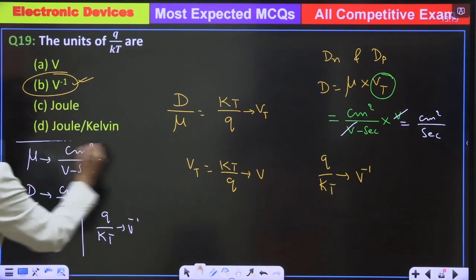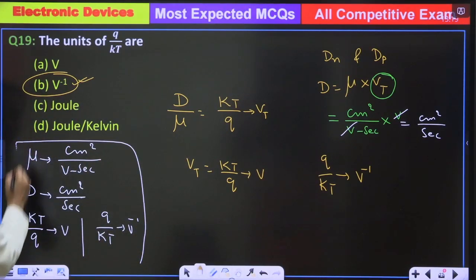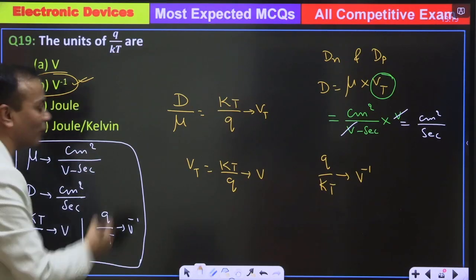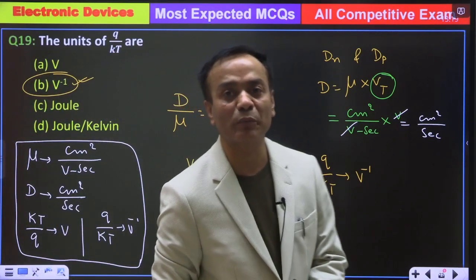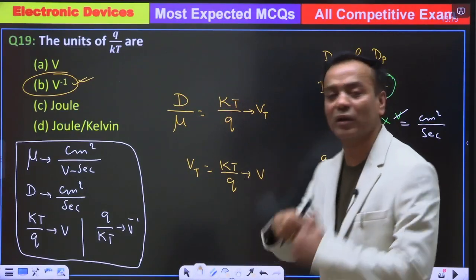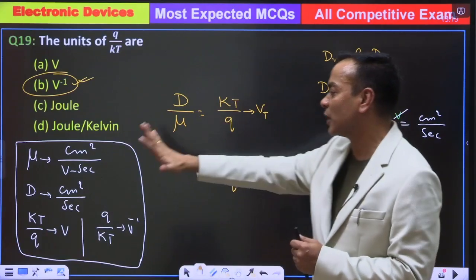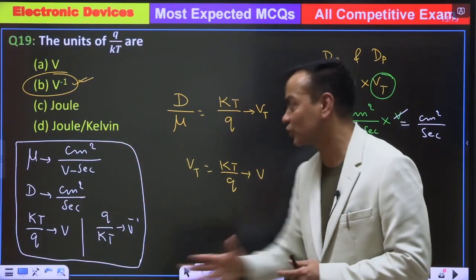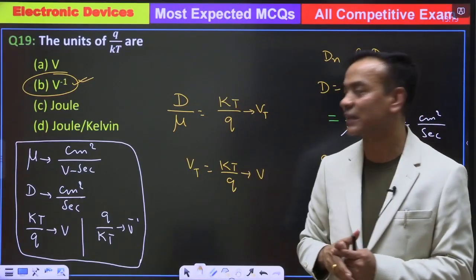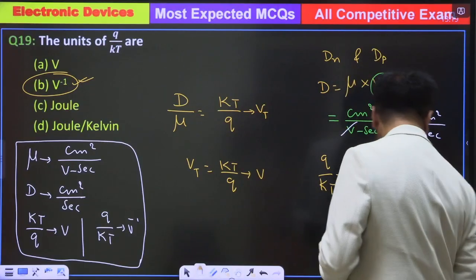You can remember what the units are. I have derived them here. You can make a list of all these, because this will be very useful from the competitive exam point of view, and that way you are learning all these things. So you must keep these in your notes. So the answer for this one is option B.